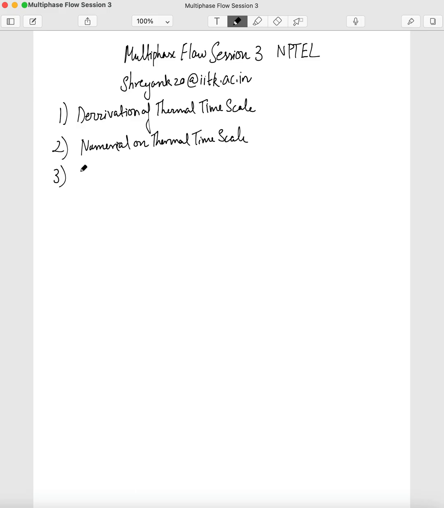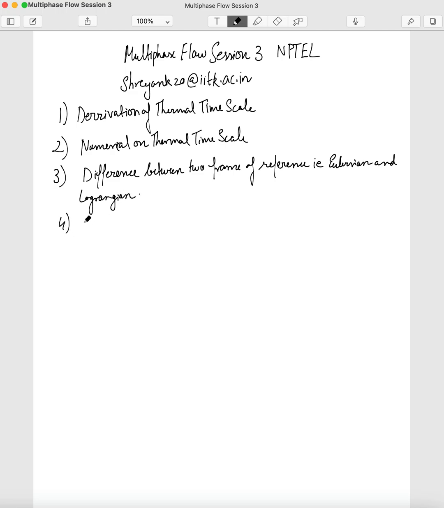Then after that I will discuss the difference between two frames of reference, that is Eulerian and Lagrangian.